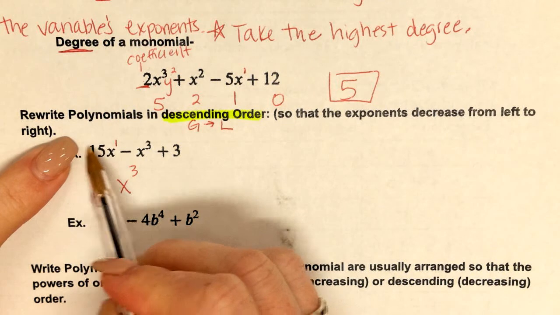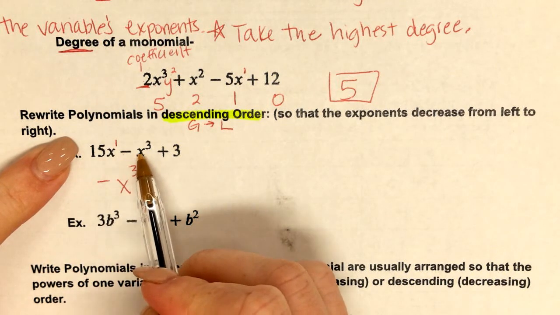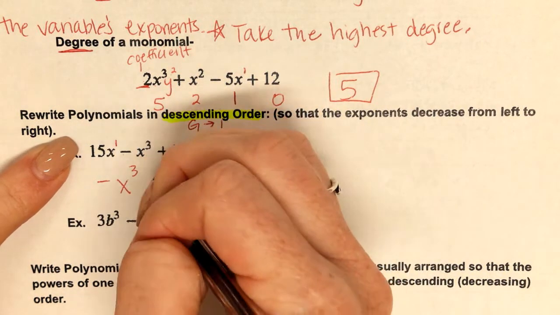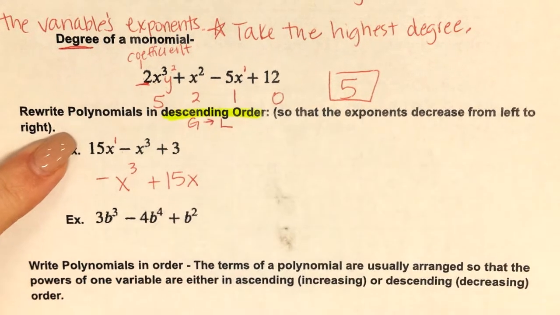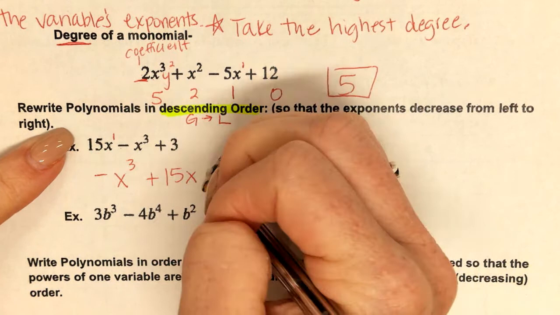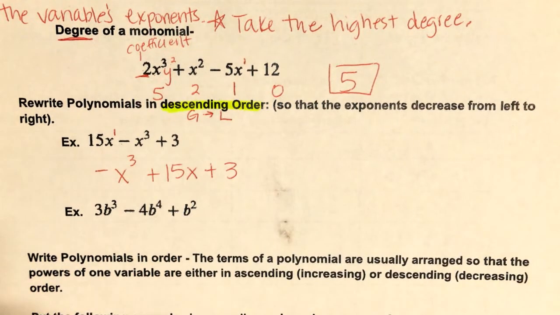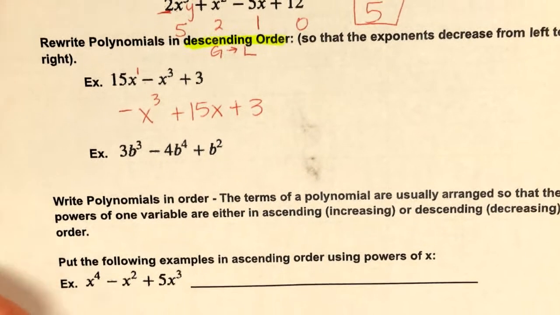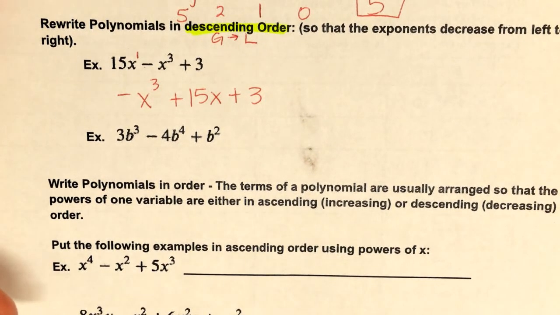Always look to the left of it, guys. This minus goes with this x, right? So plus 15x. And then my last one with the smallest exponent would be plus 3. Are y'all good? Try the next one on your own. You're putting them in order from the biggest exponent to the smallest exponent.